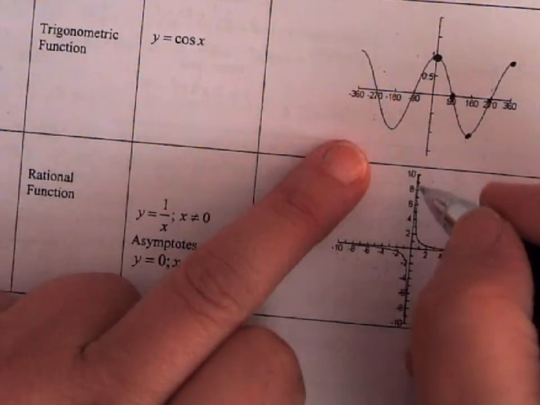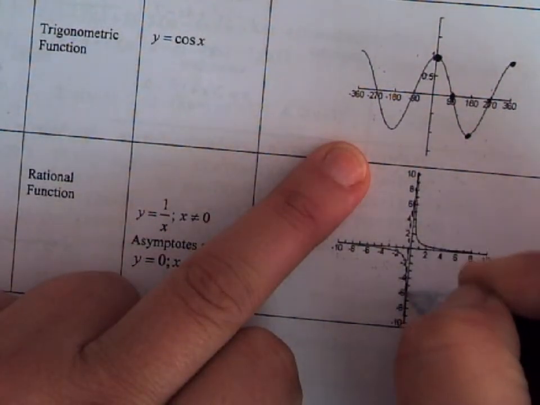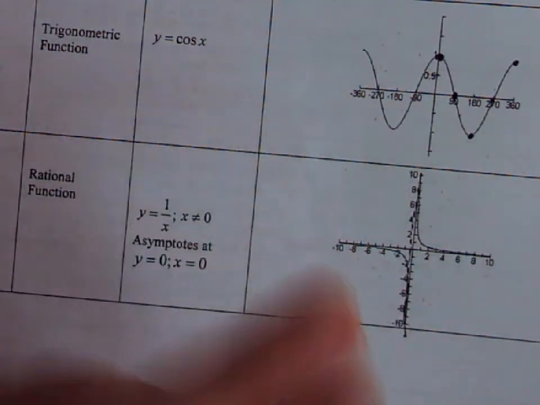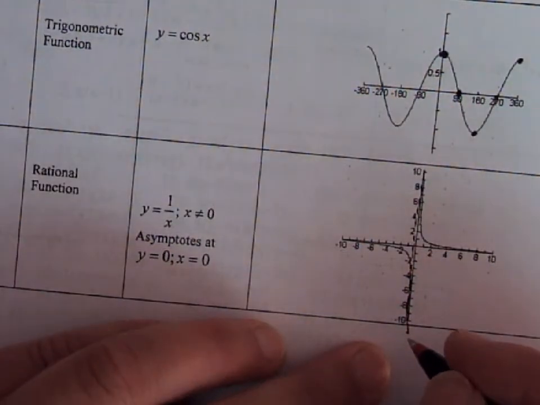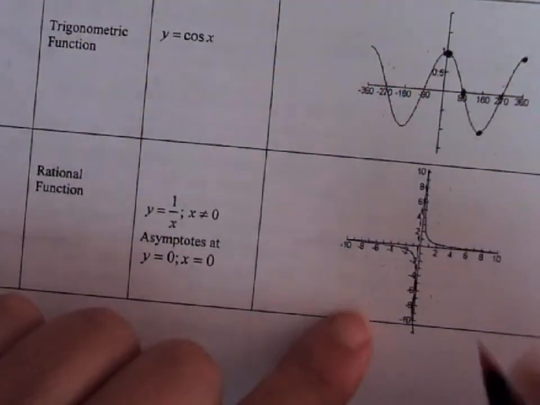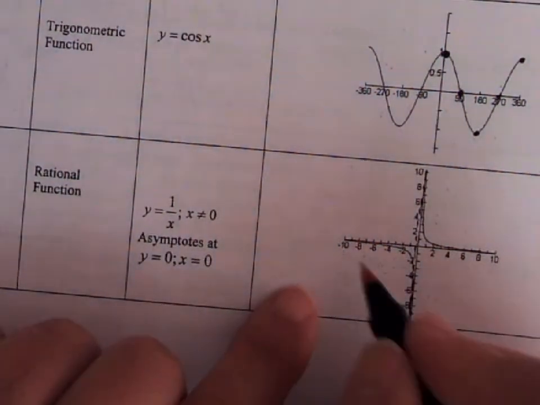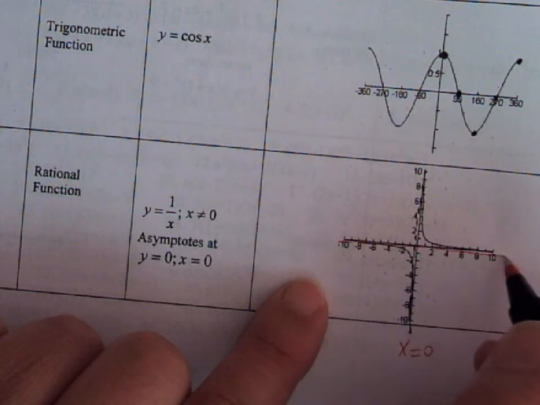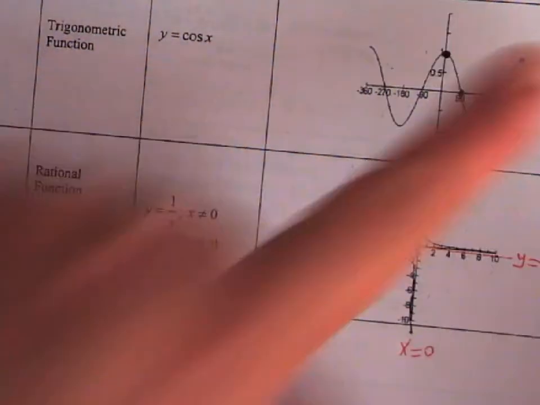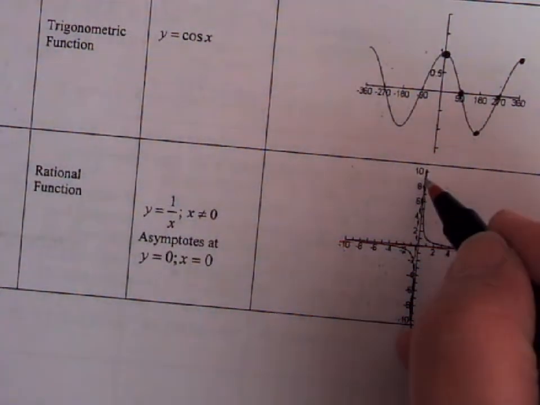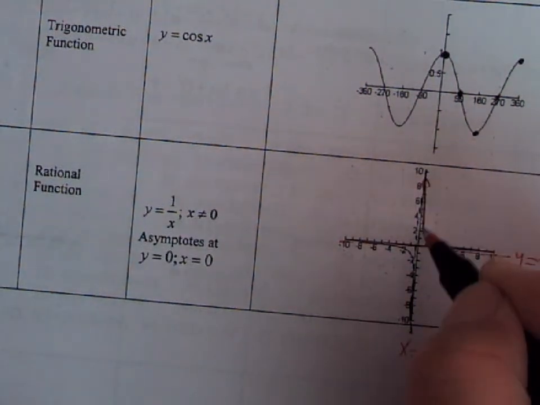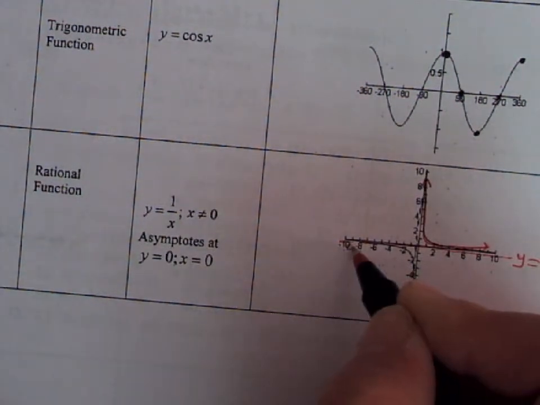If there is no horizontal or vertical shift, the vertical asymptote is located at x equals 0, and the horizontal asymptote is located at y equals 0. Then you have two branches like this.